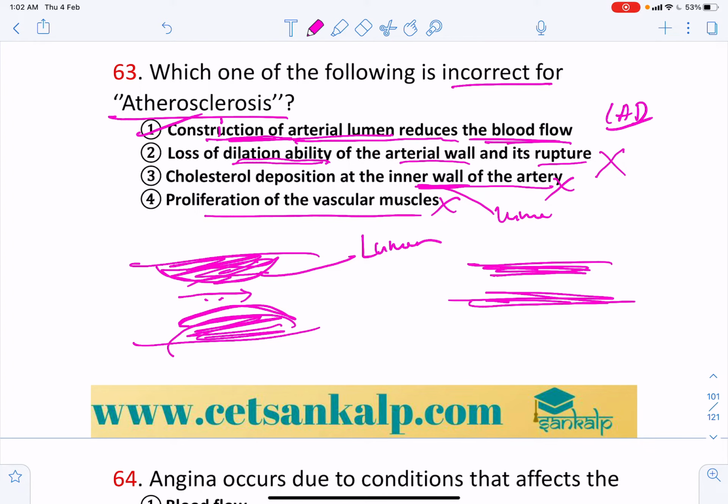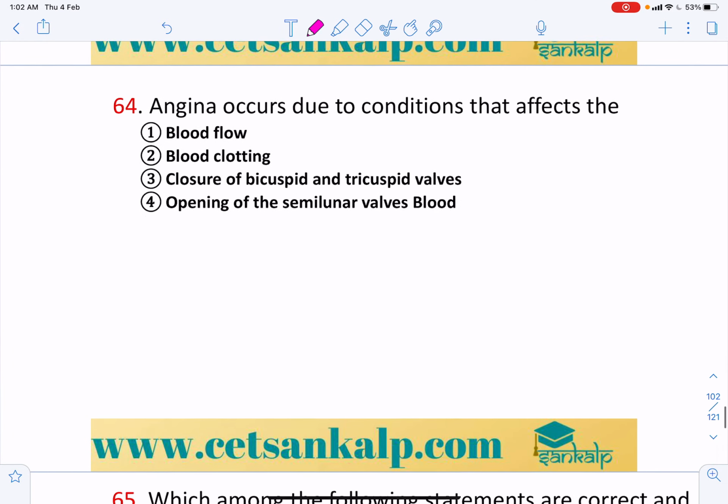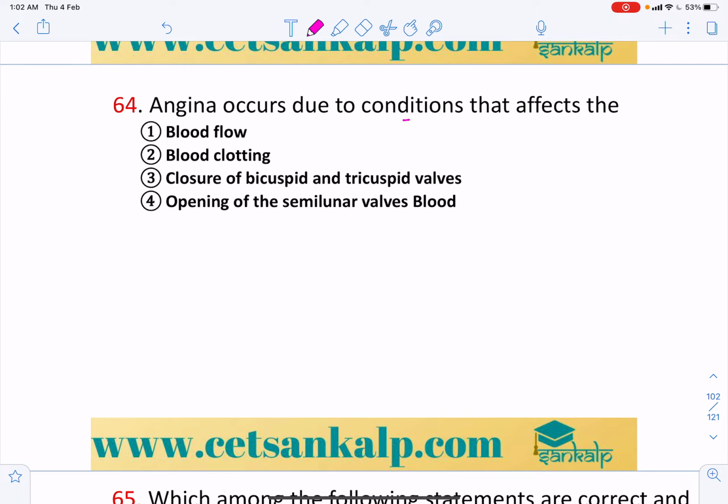That is 1. Angina occurs due to conditions that affect the blood flow. What condition generally? Angina occurs due to the condition that affects the blood flow. Because if blood flow does not take place properly, right, that is going to create a lesser supply of oxygen, as we mentioned in the case of angina pectoris.